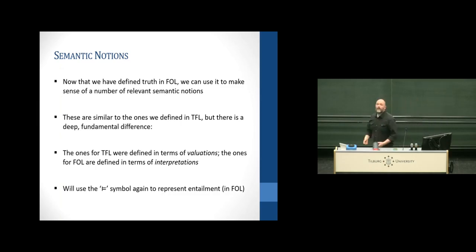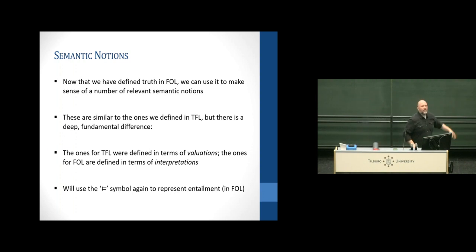Our cornerstone here is going to be something very similar. We're going to use the double turnstile symbol again. But notably, our double turnstile, when we're using FOL, no longer expresses tautological entailment, because tautological entailment was defined in terms of valuations.